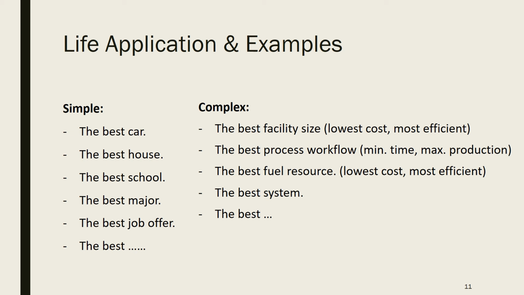Simple problems are similar to the previous example: the best car, the best house for the family, the best school to finish your bachelor's, master's or doctoral degree, the best major for your skills and needs, the best job offer you got after graduation, the best restaurant for lunch today, or the best coffee shop to sit, relax and study. Those are what we usually call simple problems.